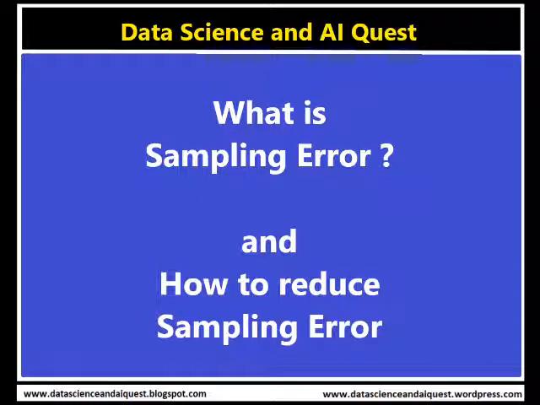It is possible to reduce the magnitude of the sampling error by taking a larger sample, so that as more units of the sample get selected, the approximation of values tends to get nearer and nearer to the parameters of the entire population.